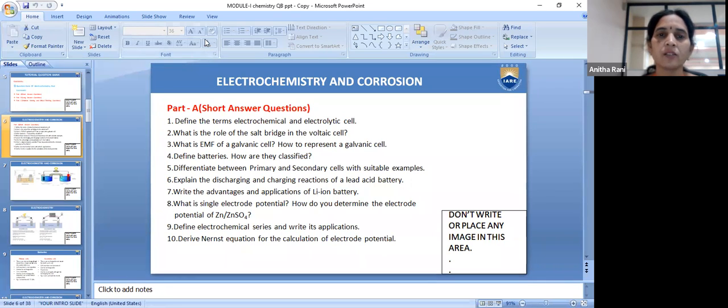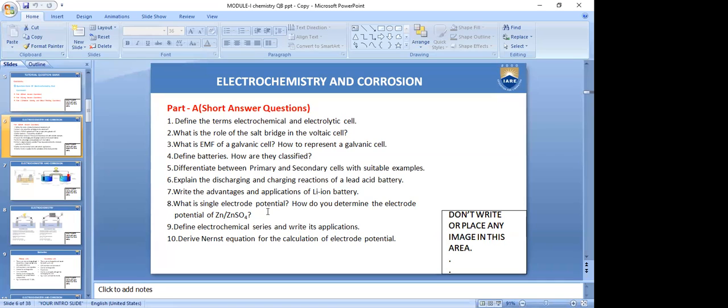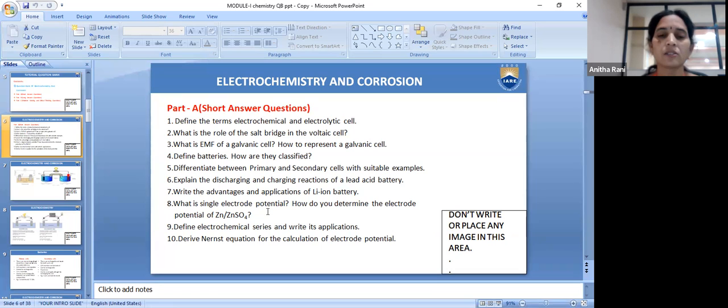It is the potential difference between the electrode and the electrolytic solution.